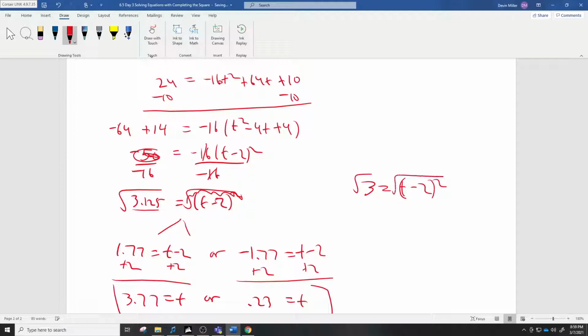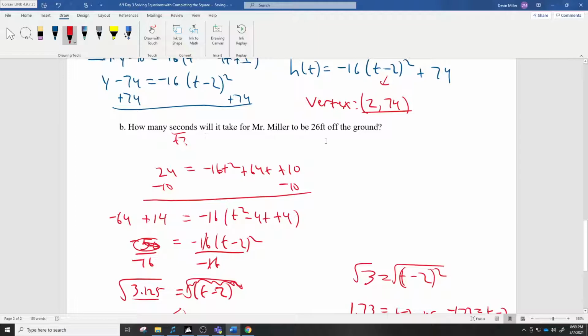Then you square root 3. Still going to be ugly, but should be a very similar answer as well. So this would be 1.73. So very, very similar answers for sure. And negative 1.73 equals t minus 2. So you can go ahead and finish those 2. Again, that'd be very, very similar to the answers that we got because it was only 2 feet of difference.